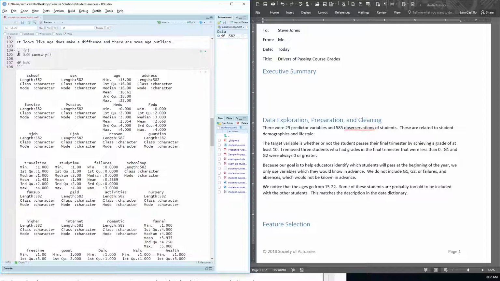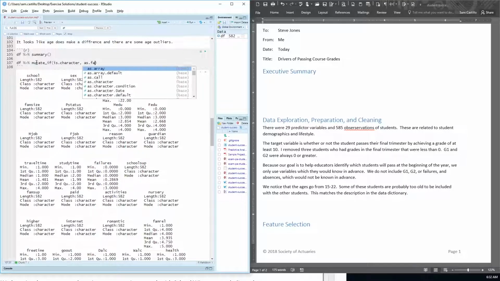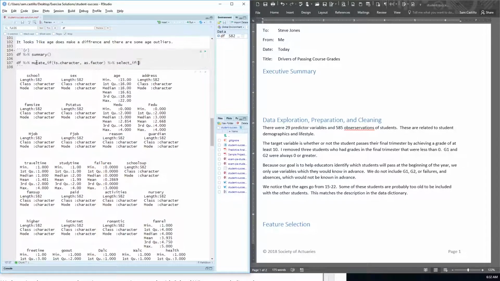If I have these character variables and I want to see the counts, I can use mutate, mutate if is character, as factor. And then I can do select if, I can just select the characters. And then summary, is factor, I suppose.